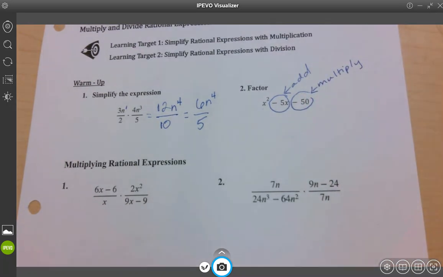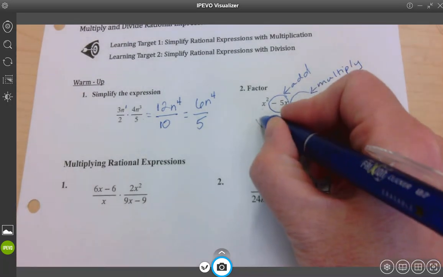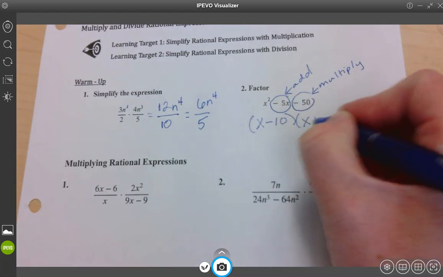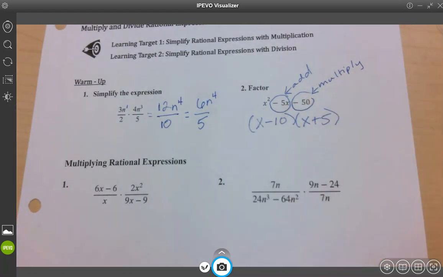Did you find them? What are they? -10 and +5. Good. So x minus 10 times x plus 5. Questions?